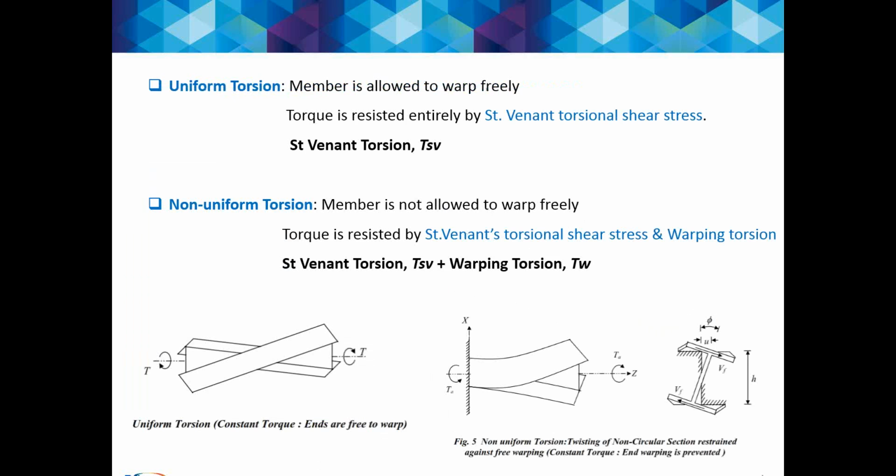In case of non-uniform torsion, which occurs when the warping deformation is constrained, in-plane deformation of the flange will occur in addition to the twisting. So in case of uniform torsion, only twisting is there, but in case of non-uniform torsion, there will be in-plane deformation as well as the twisting.